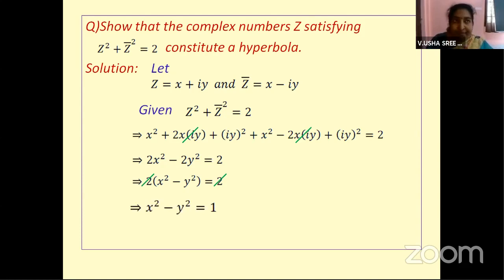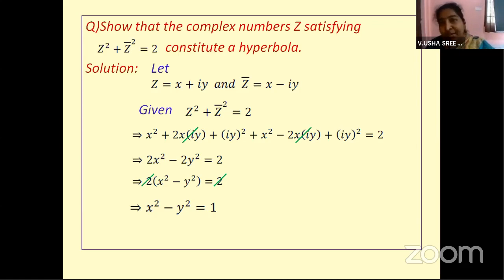Now, when I was discussing the previous problems, I said that when you talk of a hyperbola, we have a specific condition like the rectangular hyperbola. One rectangular hyperbola, what we did in the previous slides, is xy equal to c square. When I was describing that, I said x square minus y square equal to a square also represents a rectangular hyperbola.